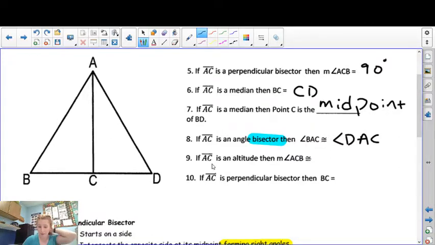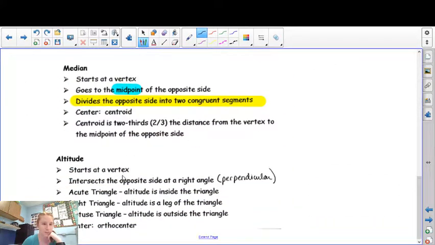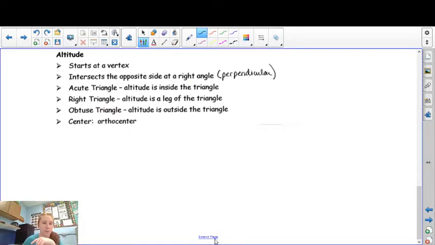All right, if AC is an altitude, then the measure of angle ACB, well, let's figure out what an altitude is. I'm trying to figure out where to put my videos so that I'm not in the way, but I don't really have a good spot.